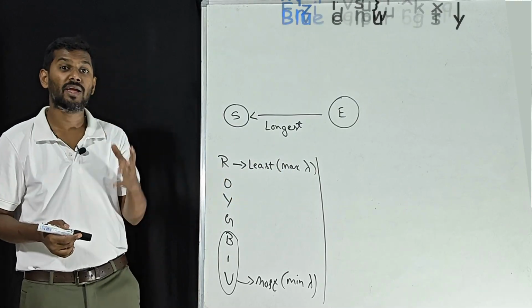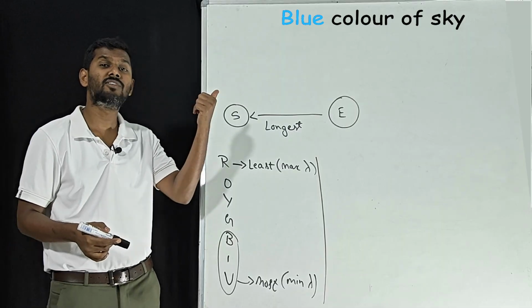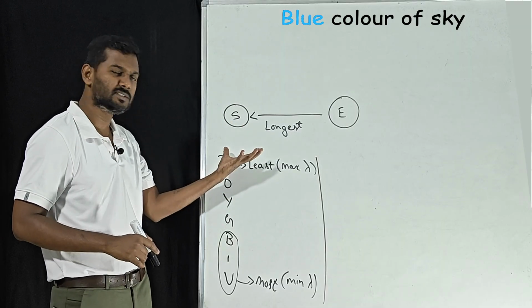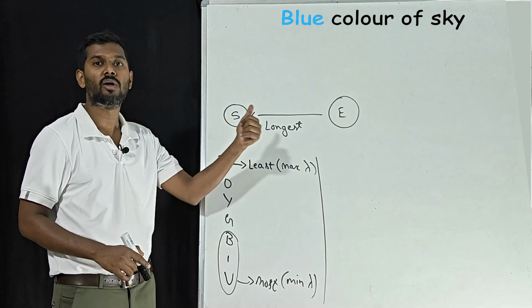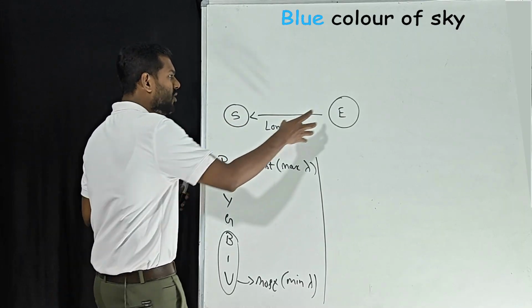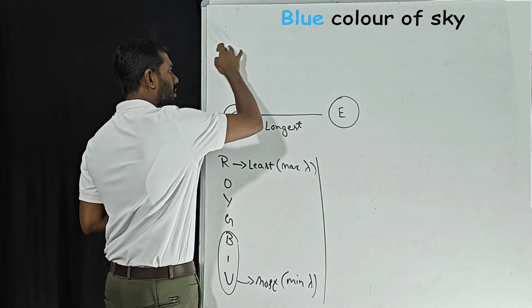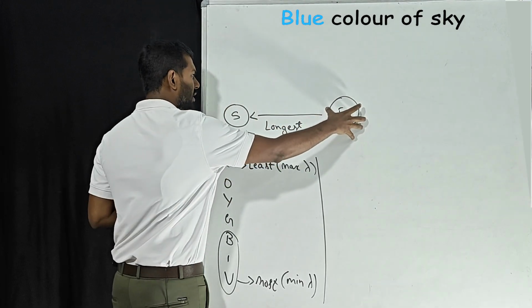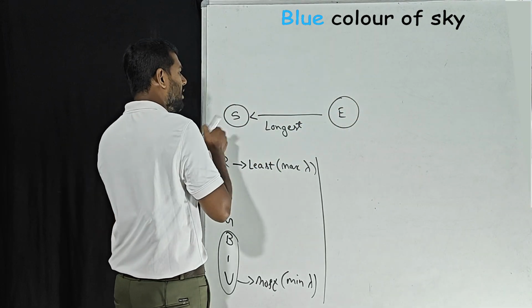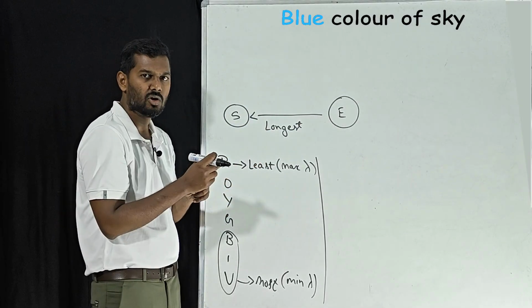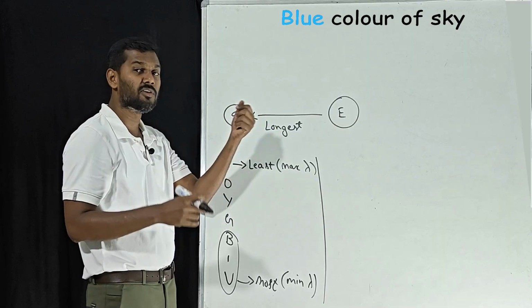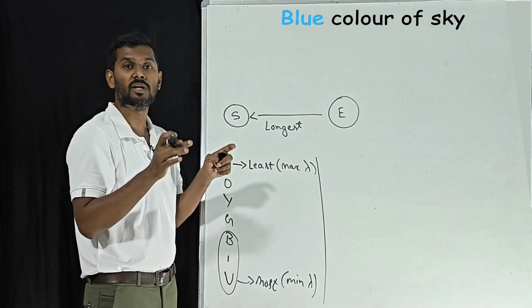Now we learn why sometimes the color of the sky is blue. See, during the sunset, this is the sun's position, so the distance is longest. Apart from that, we know the earth keeps on moving around the sun. So while moving, the position of the earth and sun will not be at the longest distance all the time, correct?